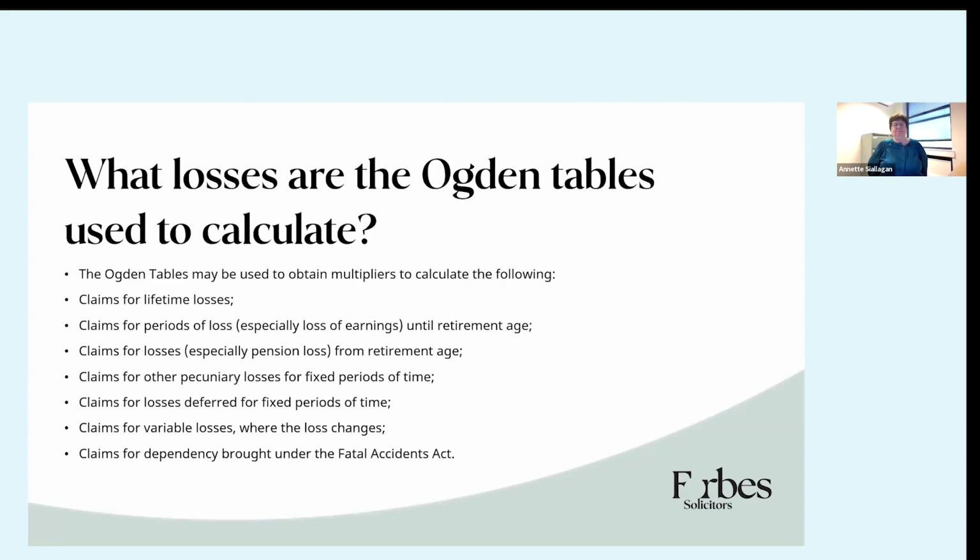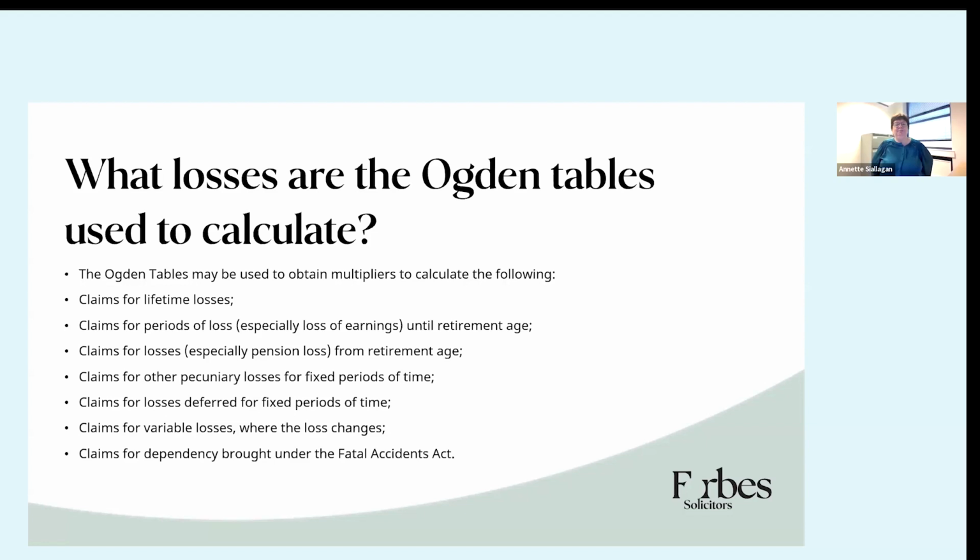You will have your multiplicand. So, for example, they'll need £10,000 a year care, just as an example. And you will use the tables to apply the multiplier to that for life. So for that, you will use tables 1 and 2. I'll come back to which tables you use later.